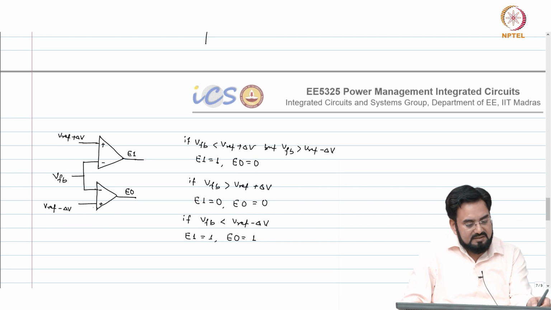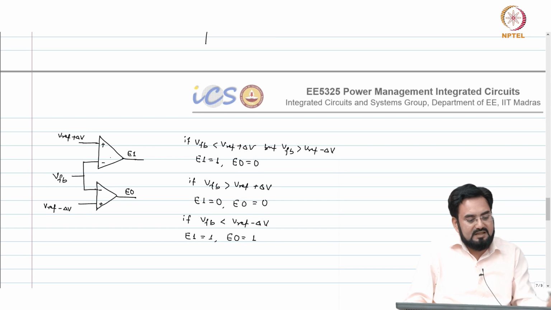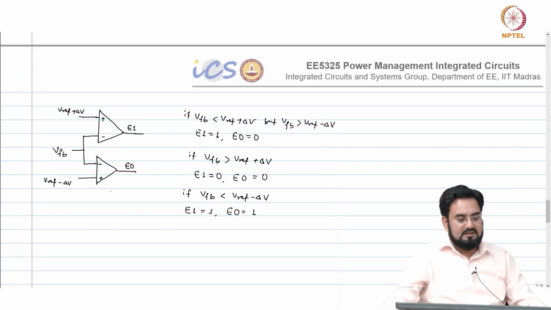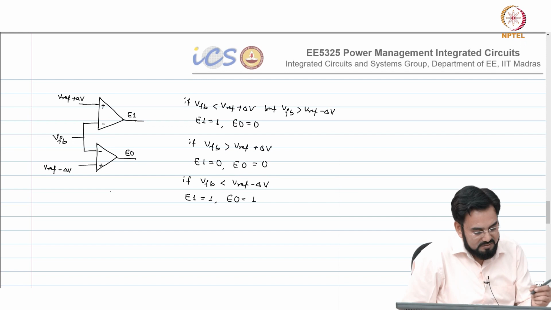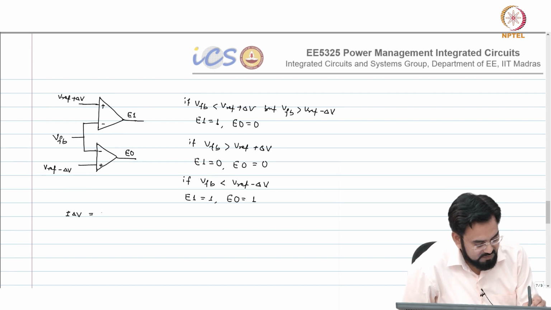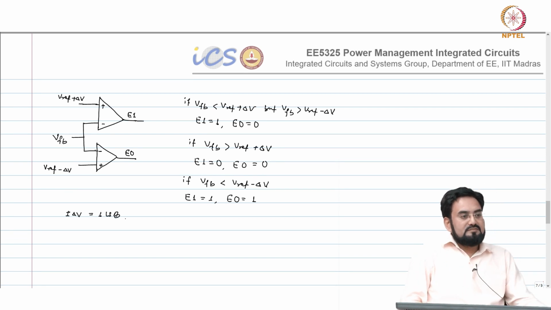This is less than this, so plus is more, so this will be 1. On both sides, the negative is less than positive. So, what does it mean? If I define this window, so this plus minus delta V equal to 1 LSB, correct.